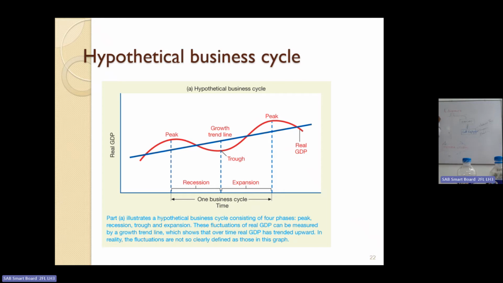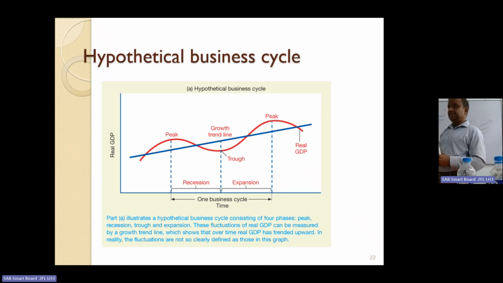And the contraction means the other way around: if there is a decline, the actual output is below the potential output level, so output is less than the potential output.